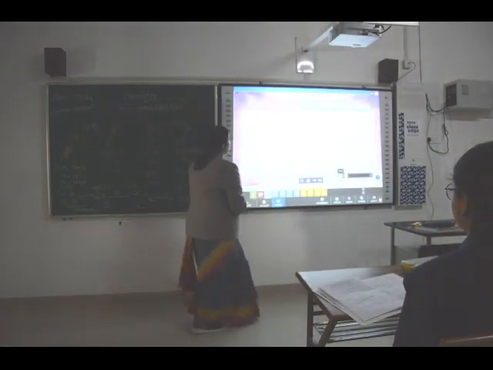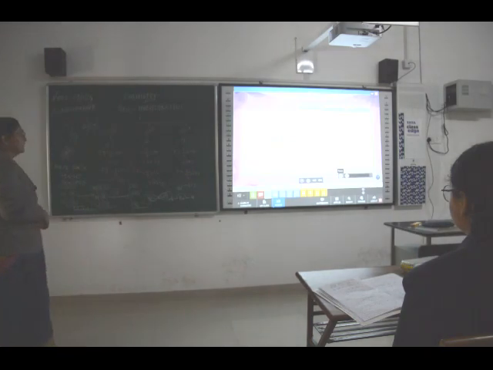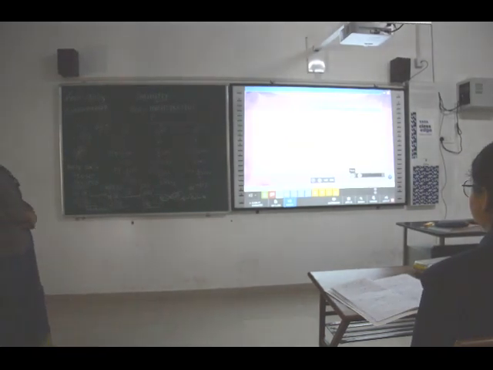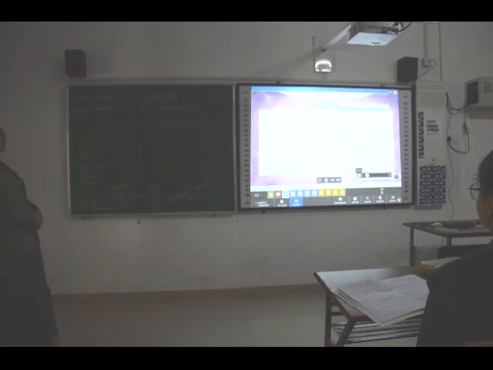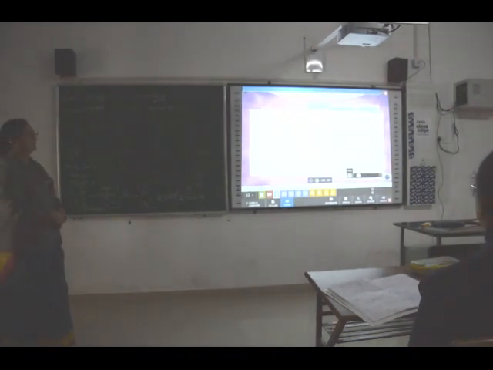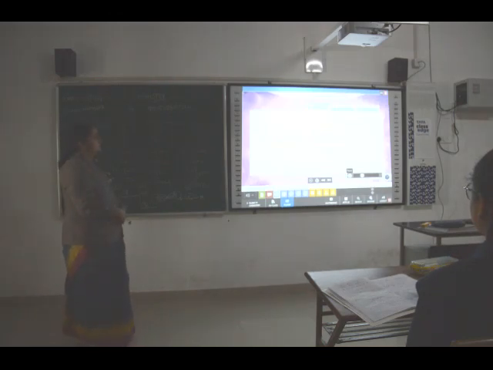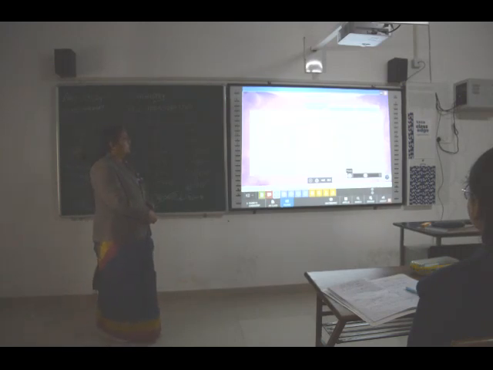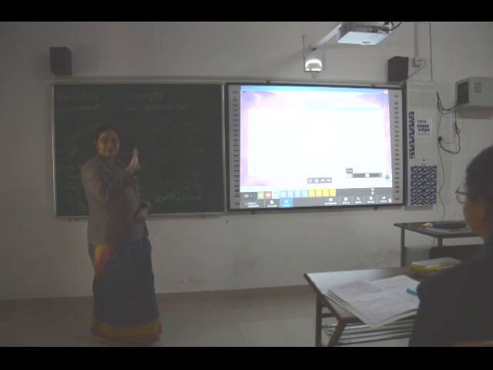Let's learn about the formation of beryllium fluoride by sp hybridization. In this type of hybridization, one s and one p orbital mix to form two equivalent sp hybrid orbitals. The electronic configuration of beryllium atom is 1s2, 2s2, ground state. In the excited state, one electron from the 2s orbital gets promoted to one of the two p orbitals.